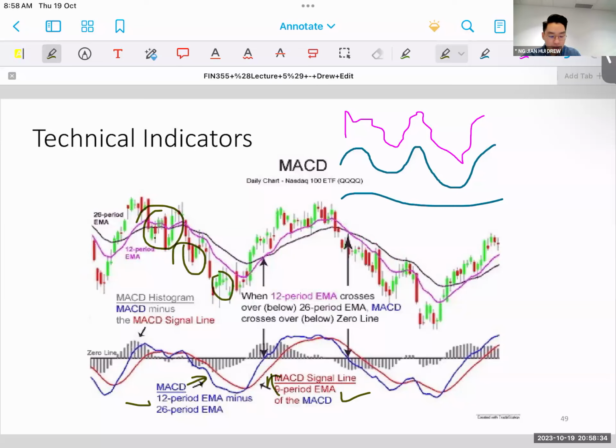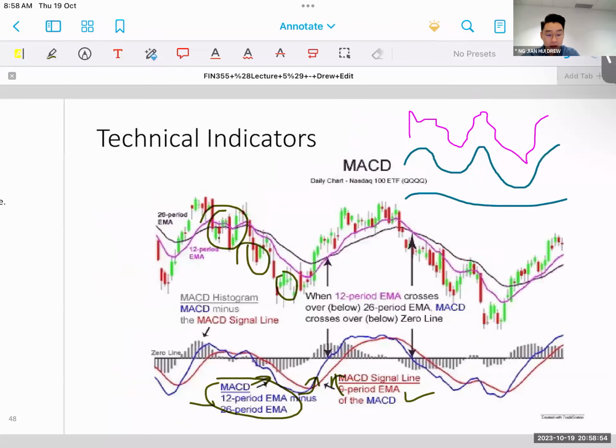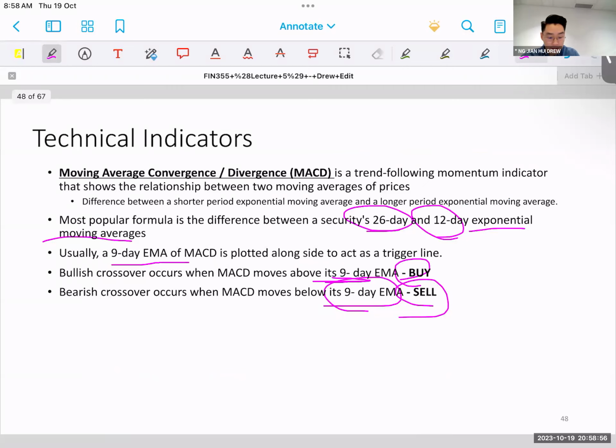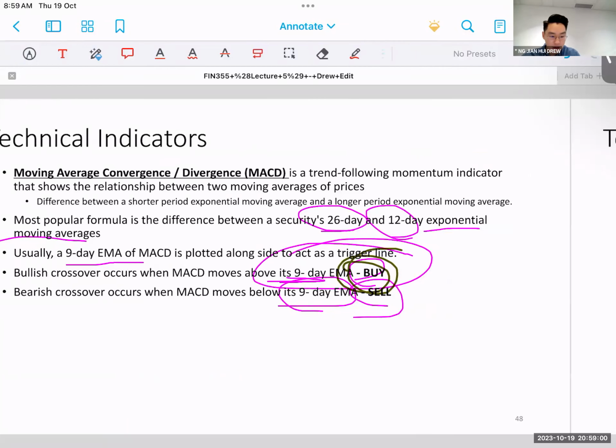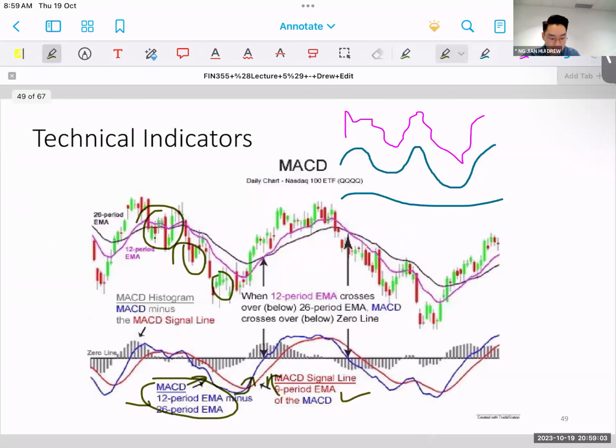It means that whenever the difference between the 12 and 26-day exponential moving averages cuts the 9-day line from the bottom and goes up, it is a buy signal. We want to buy. Whenever it cuts from the bottom, it's a buy.